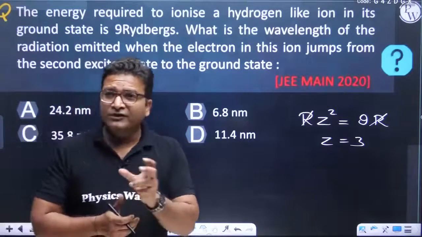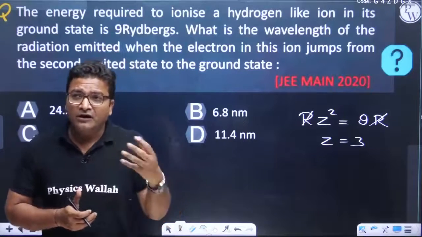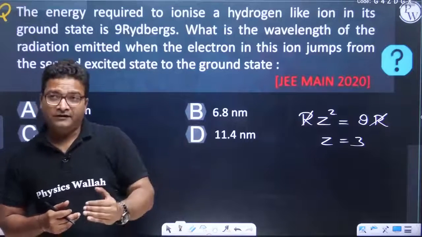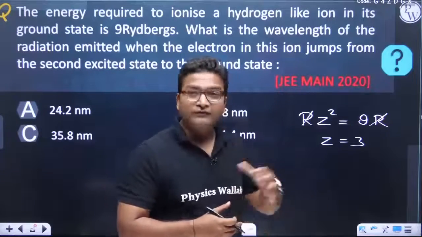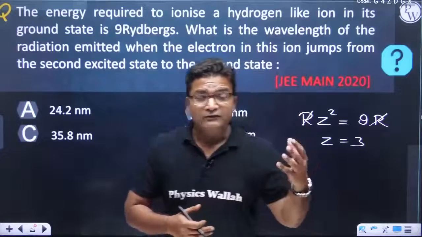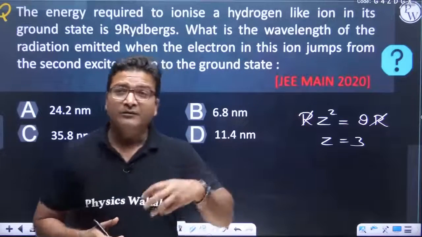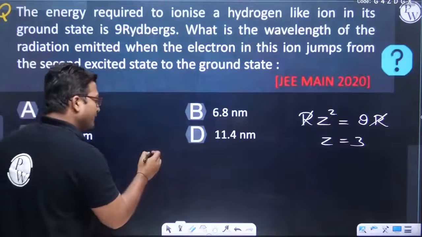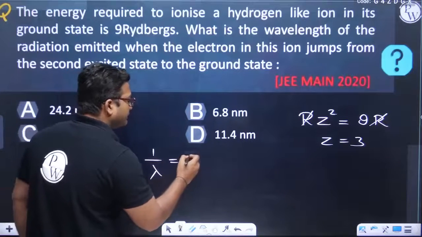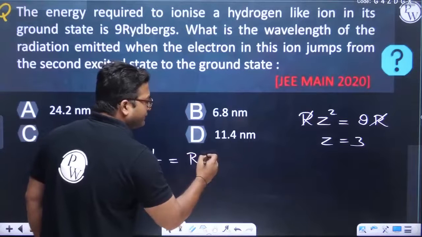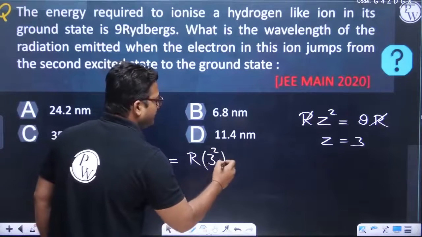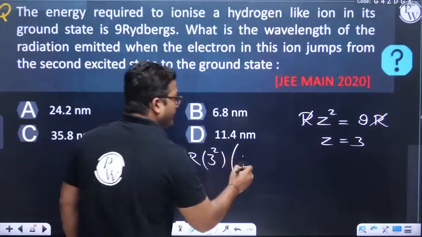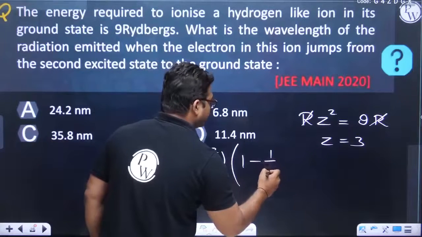And they are asking us what is the wavelength of radiation emitted when the electron in this ion jumps from the second excited state to the ground state, meaning 3 to 1. If the electron jumps from n equals 3 to n equals 1, what will be the wavelength of radiation emitted? So let us use the Rydberg formula, 1 by lambda equals R Z square, Z is 3, so we have 3 square, that is 9. And as the electron is jumping from 3 to 1, we have 1 minus 1 over 3 square, that is 9.